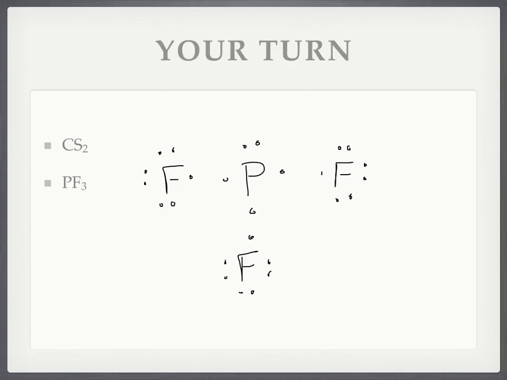Alright, for PF3, we're going to form 3 bonds with phosphorus, so 1 to each fluorine. It's going to look something like that. And you get your PF3. It should look like that.